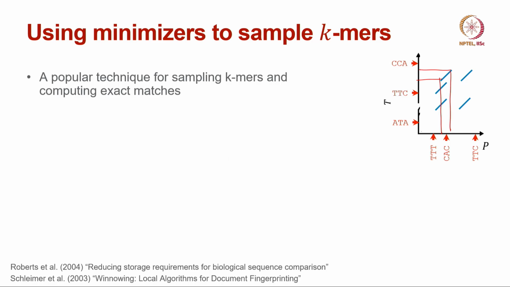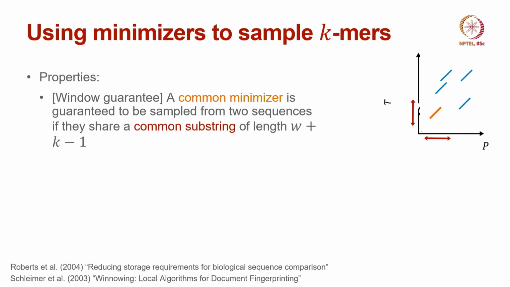Let us also analyze what is the advantage of this minimizer technique. The first useful property of this minimizer technique is the window guarantee, that is, if 2 sequences share a common substring of sufficient length, then they are guaranteed to sample a common minimizer.